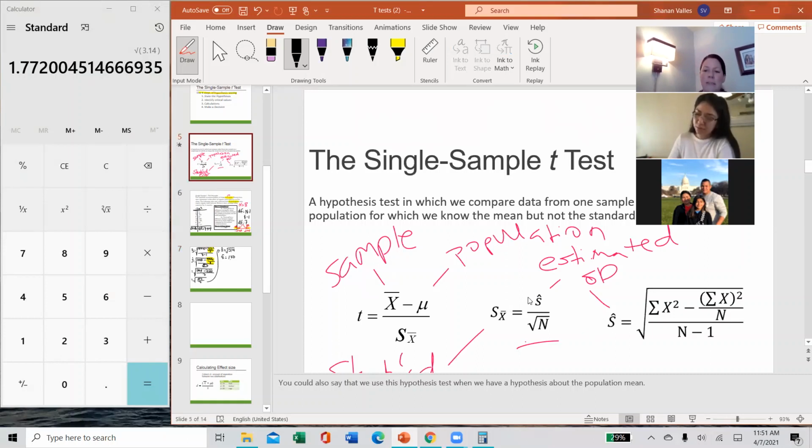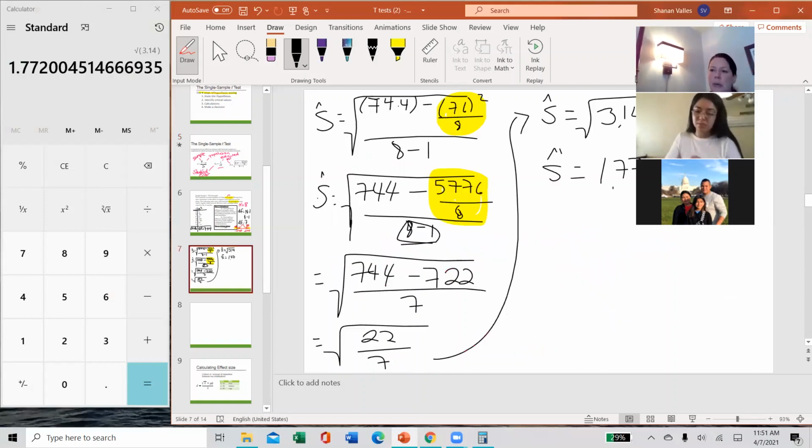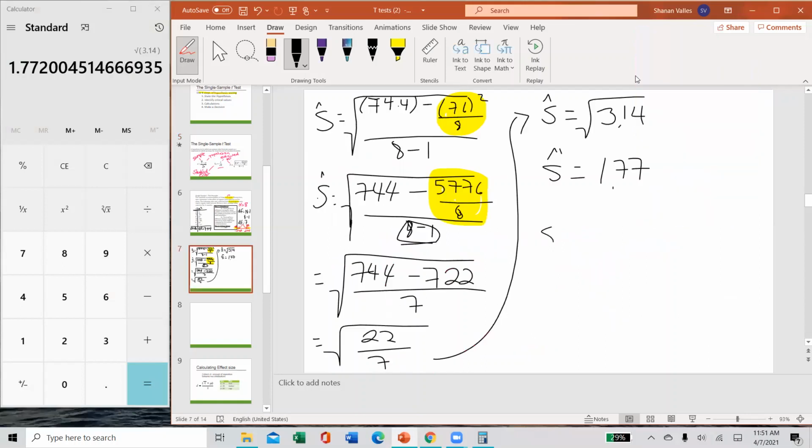So now we're going to take that value, 1.77, sorry, and we're going to divide it by the square root of our n so that we can get standard error. Okay, so standard error will be equal to 1.77 divided by the square root of our n.